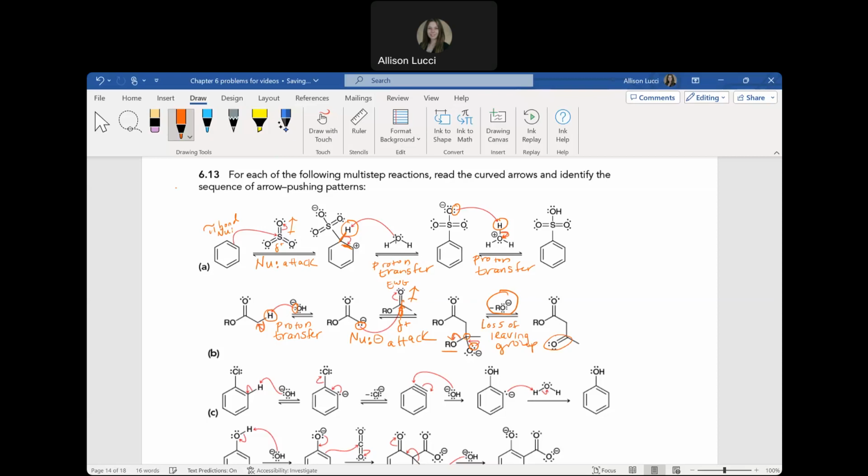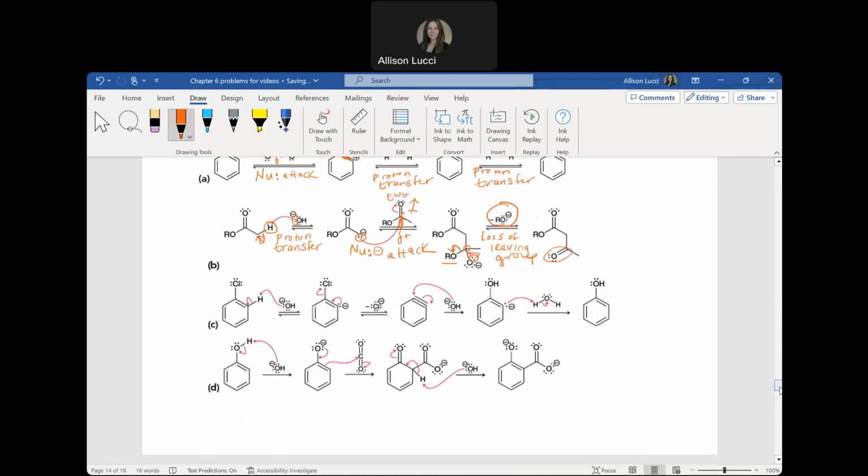And then down here we have examples C and D. So the first step in this mechanism C, we see a proton transfer. So that leaves a negative charge at this carbon here, right? This extra lone pair that wasn't there.